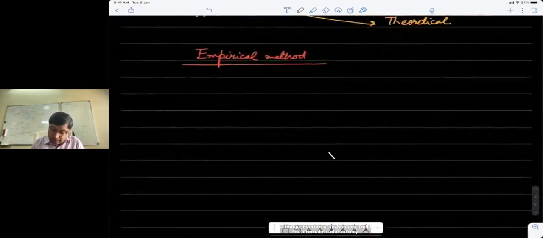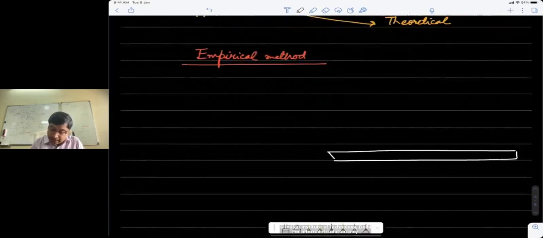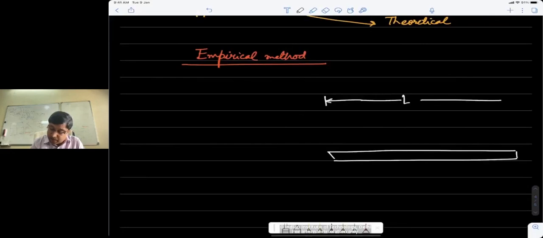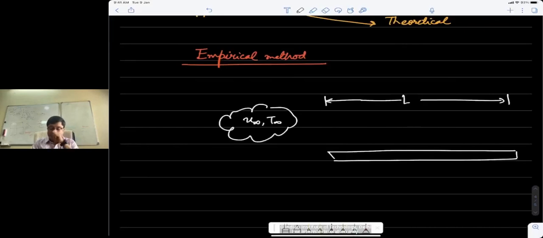So say we have a flat plate of maybe some length L. There is a blower system by which I can bring in some fluid at some velocity and some temperature and make it pass over this surface.